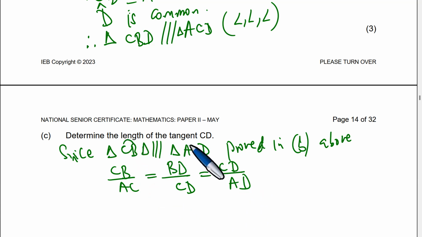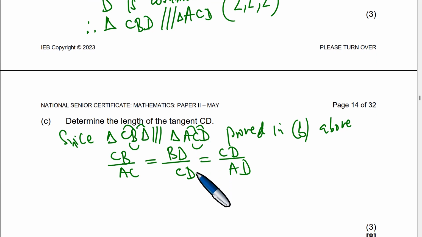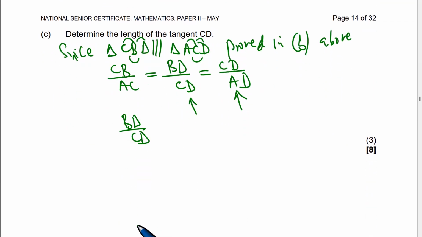You always take the first with the first, the second with the second, and then the last. CD occurs in two places, so we take BD over CD is equal to CD over AD.